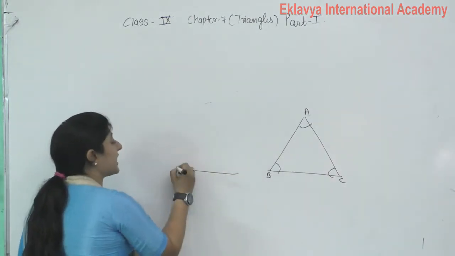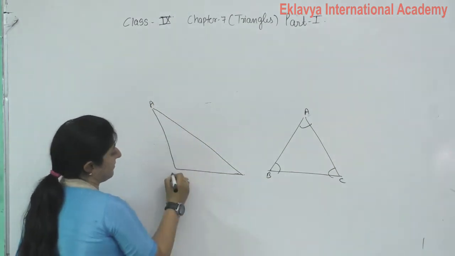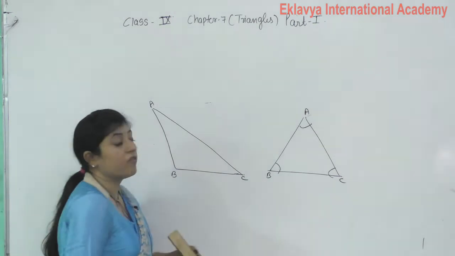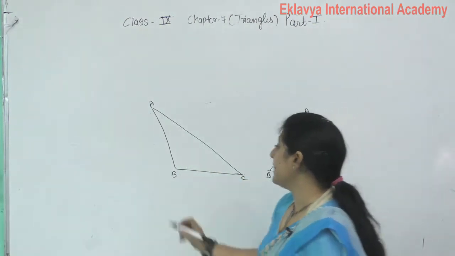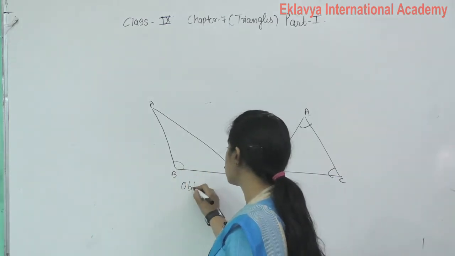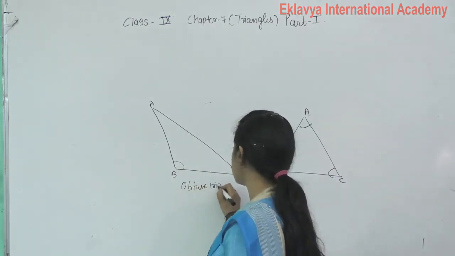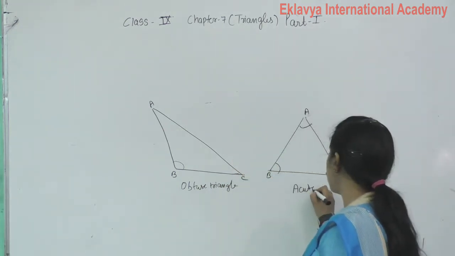If one of the angles is more than 90 degree, then it is called an obtuse triangle. This is an obtuse triangle. This is an acute triangle.